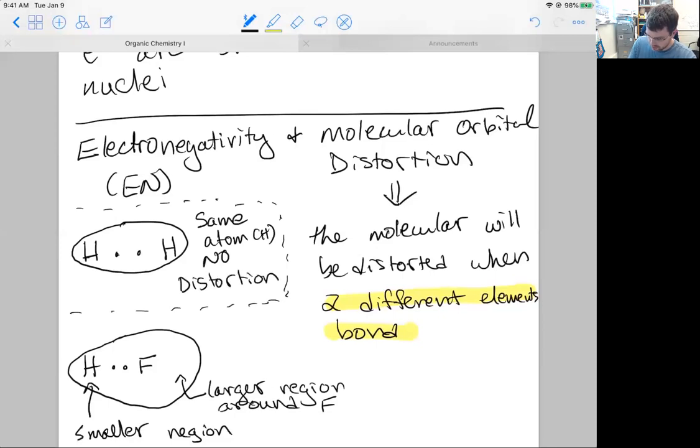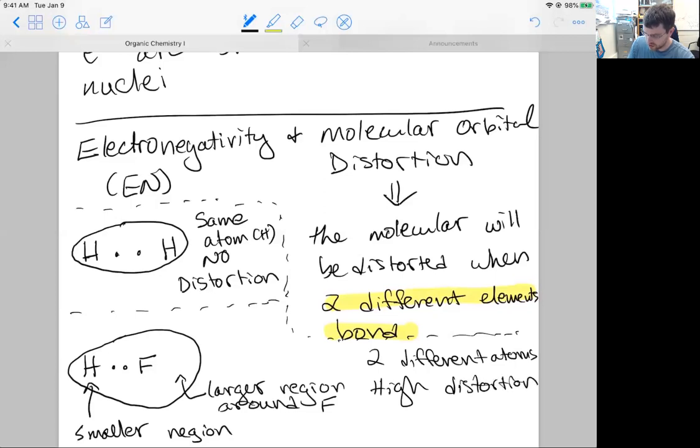Now, when we have H bonded to F, we have two different atoms, which means we're going to have high distortion. And I guess the degree of distortion will vary based on which of the two elements we put in, using that property called electronegativity.